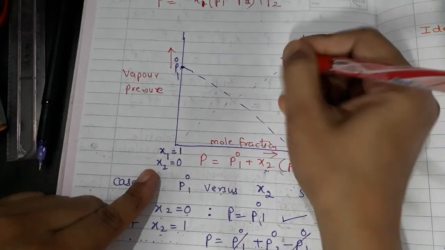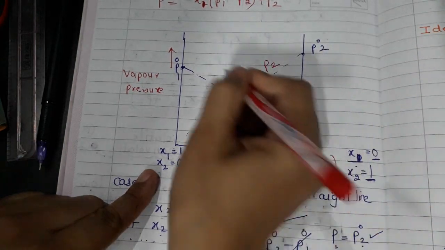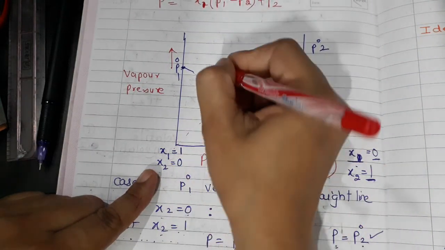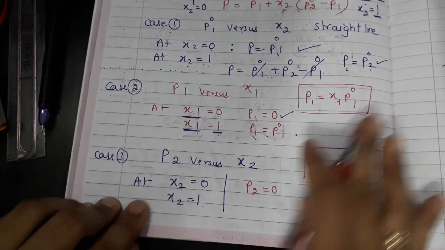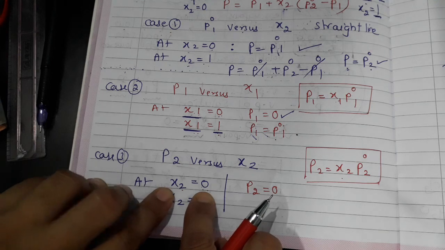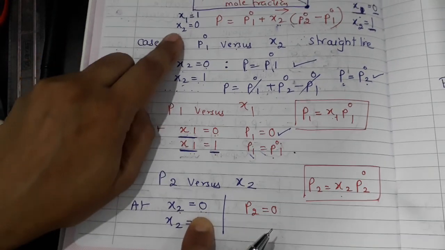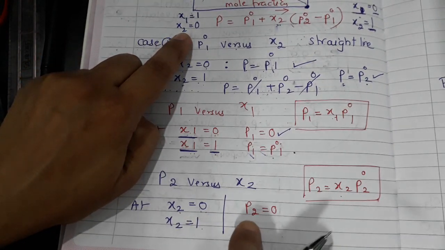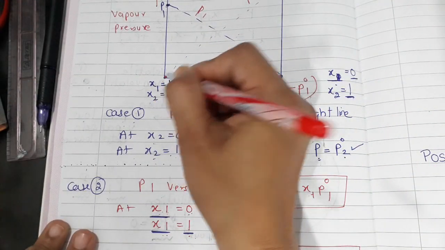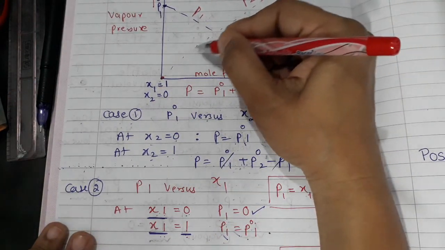This is known as P2, and this curve which we have drawn earlier is P1. So just see once again, when x2 is 0, means this side, P2 will be 0, meaning the partial pressure will fall to 0. So you have to draw a curve like this.